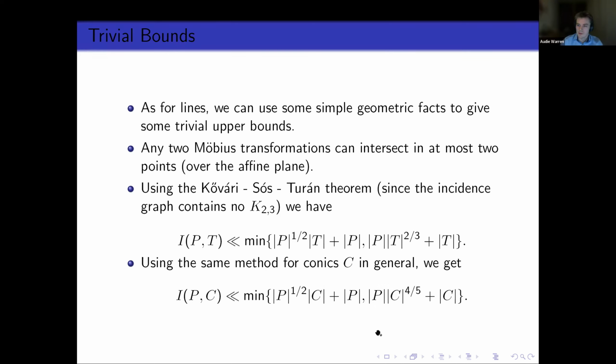So the important thing, and why I've said that multiple times now, is if we were to prove an upper bound which had both of these factors to an exponent less than 1, then we know that there's some non-trivial range where this bound is better than this minimum.